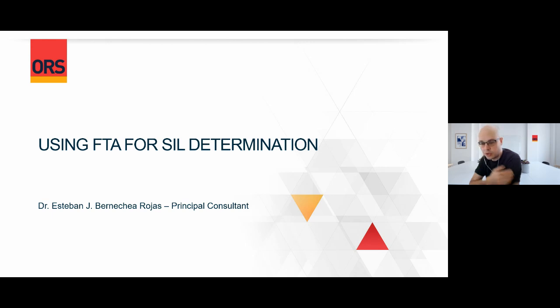But I'm here to talk today about a different technique that's not normally used because it's more time consuming, a little bit more complex, but it's also very useful for doing SIL determination. So I'm here to talk about fault tree analysis and how to use it for SIL determination, when to use it, why we want to do that, and how we do it, right?